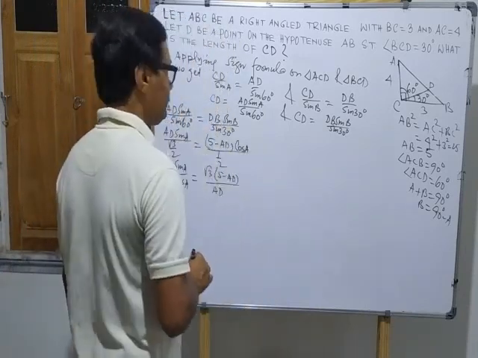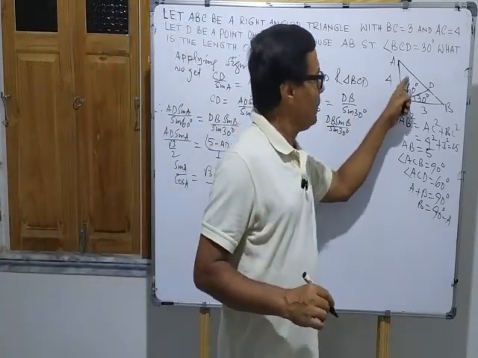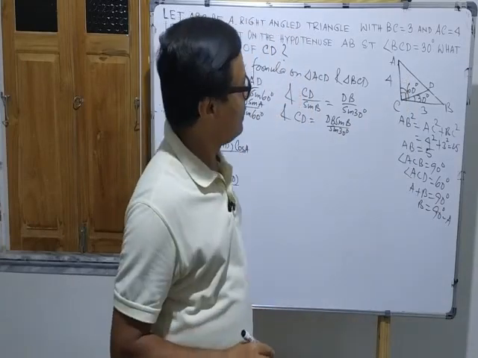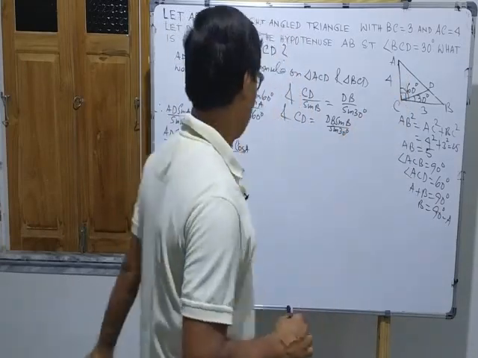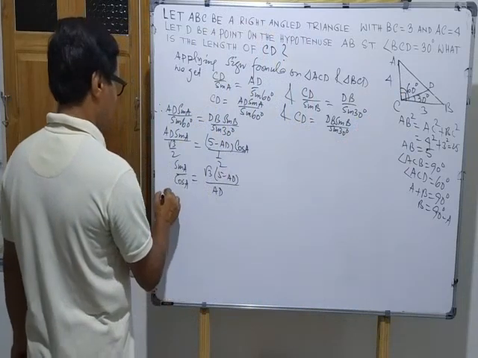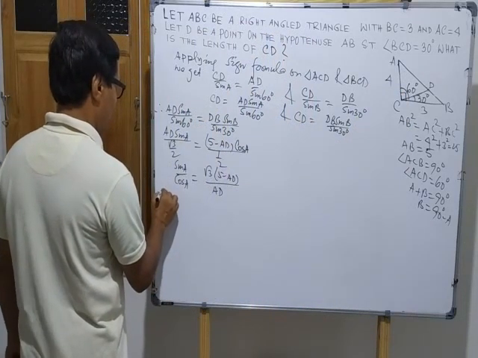Now again we can apply another property from properties of triangle on this triangle ABC.